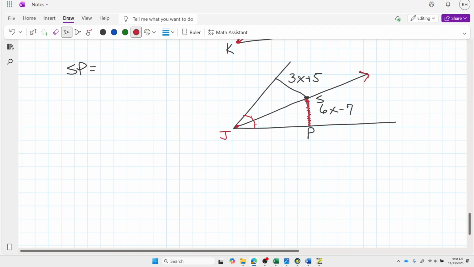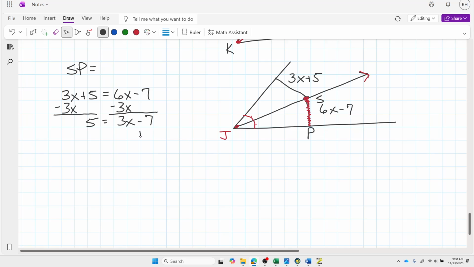So what do you know about 3x plus 5 and 6x minus 7 if S is on the angle bisector? They're the same. So 3x plus 5 is equal to 6x minus 7. You can subtract 3x from each side. So 5 is equal to 3x minus 7.